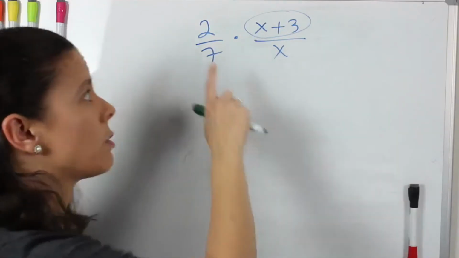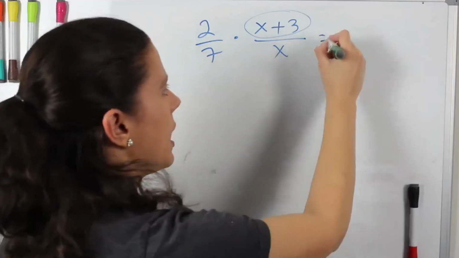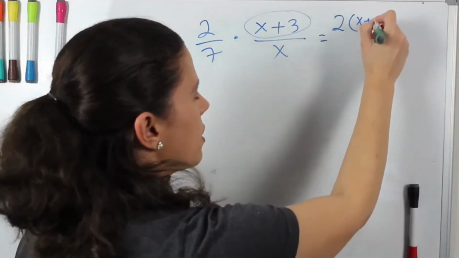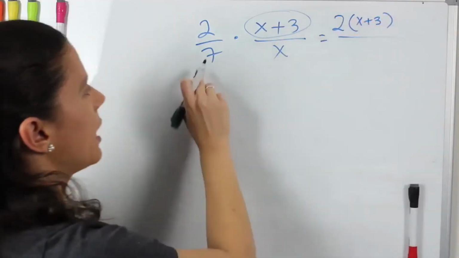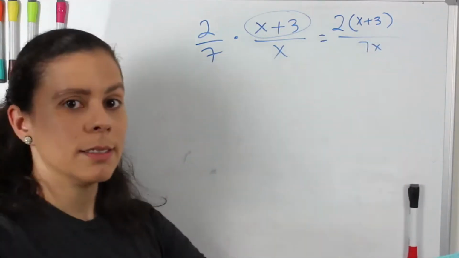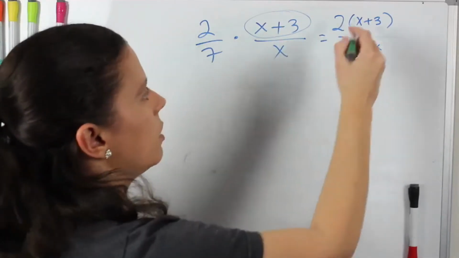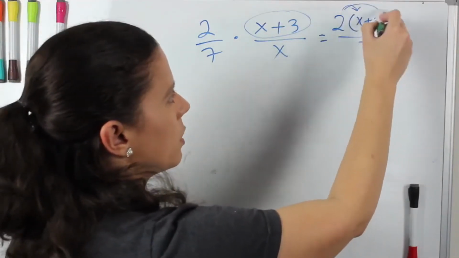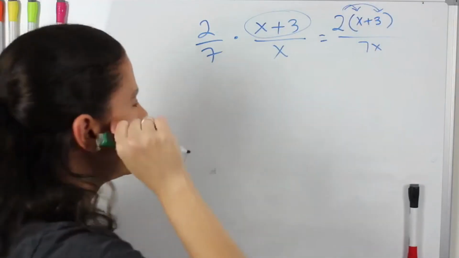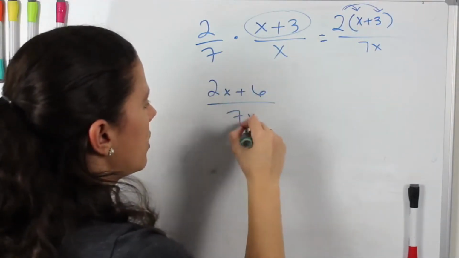You're not just multiplying by the x, you're multiplying by the x plus 3. So all we get is 2 times x plus 3, all of that over 7 times x, 7x. Done. Now you can distribute, obviously, if you want to, because we can multiply the 2 times the x and 2 times 3. So that would be 2x plus 6 over 7x.